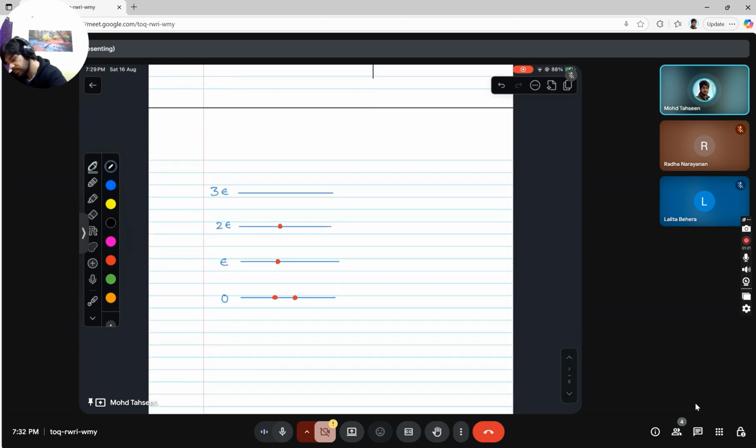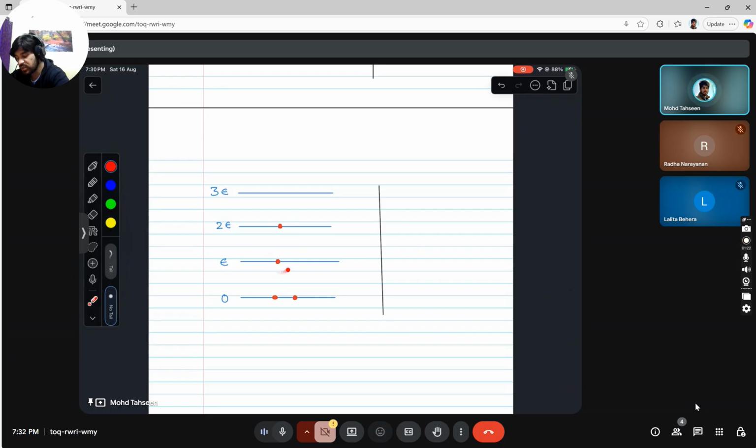Now in this case, what is the total number of ways? Let's look at this particle. There are 4 ways of choosing this particle, because we have 4 particles, and for this particle there are 3 ways, because once we fill one here, we are left with 3 particles from which we can choose to go here.